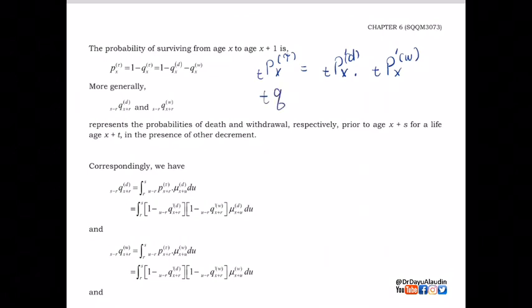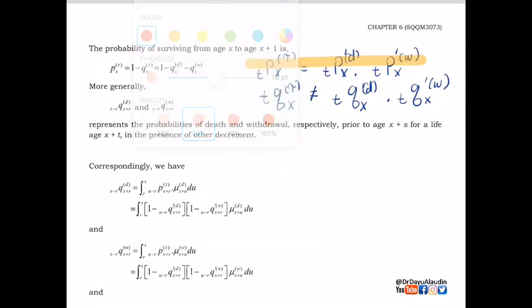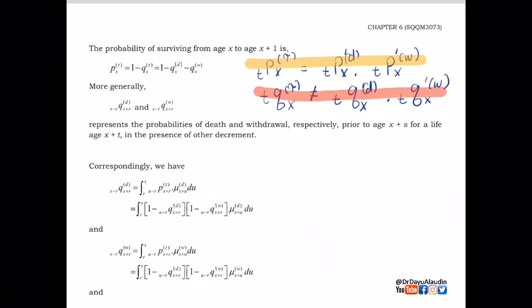But tqx^(tau), we cannot directly multiply the probabilities of death. So this one is just for tpx^(tau). For tqx^(tau), we cannot use this one.